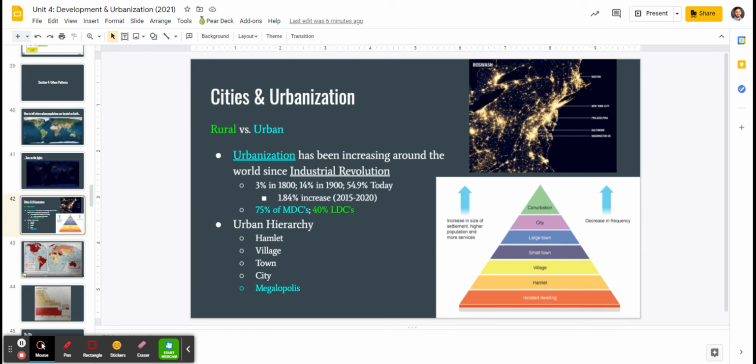Now, as the cities themselves develop and grow, population statistics and urban geographers have developed this system of hierarchy or ranking system to help identify and classify different sizes and types of urban settlements.